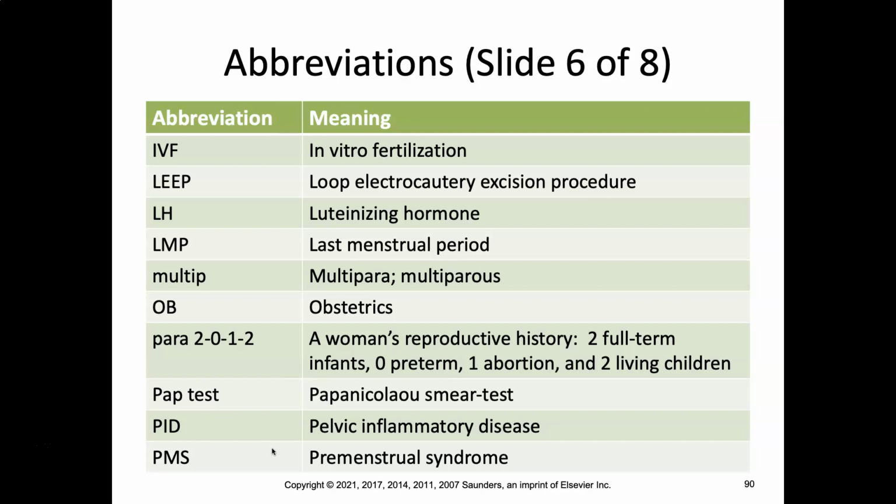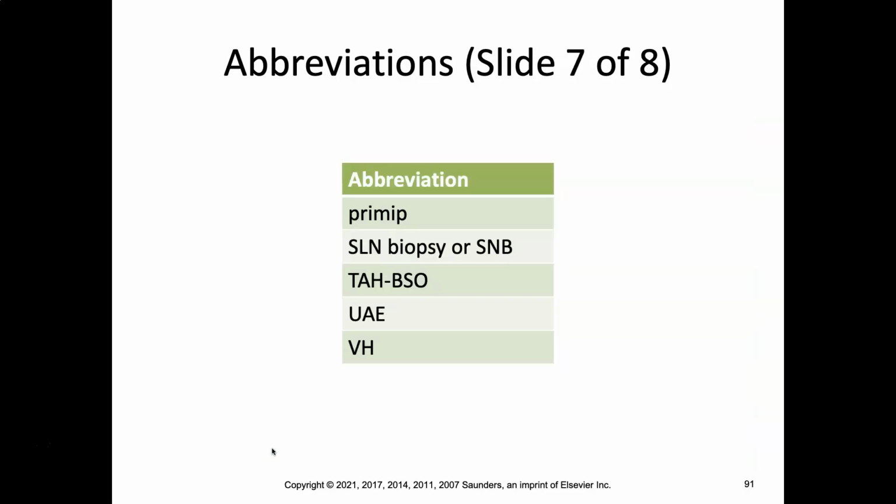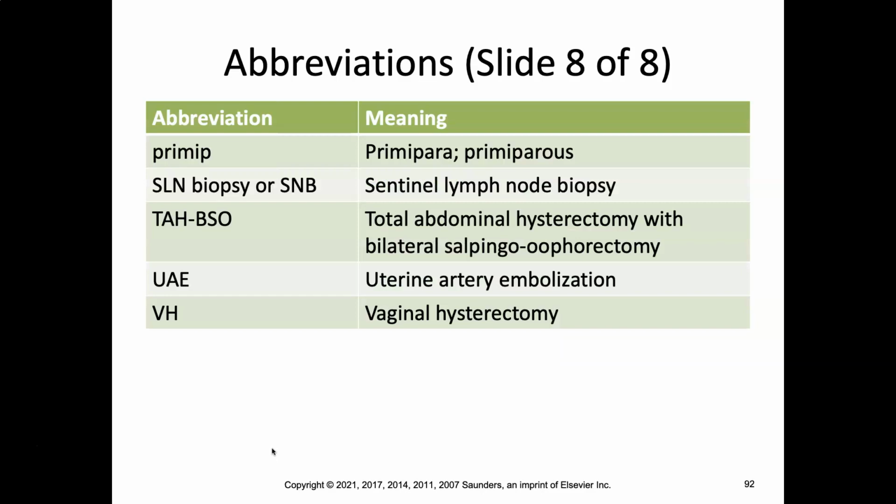And you can look up the details behind it on the internet if you're interested. But you may see that in a lot of OB charts, is the para and then the numbers. A primipara is someone who is having their first baby. Just in case you were wondering. Primi means first.